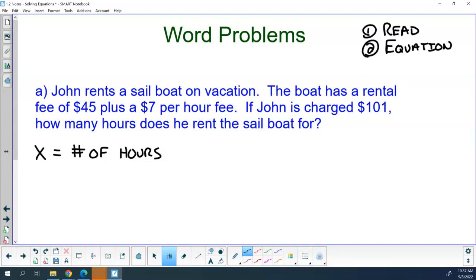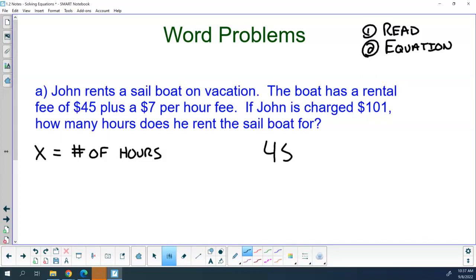Now we should come up with an equation. What kind of an equation can we come up with? What has a rental fee of $45? I'm just rereading the problem. Probably going to need to use 45 somewhere in it, right? So it's 7x plus 45 equals 101.